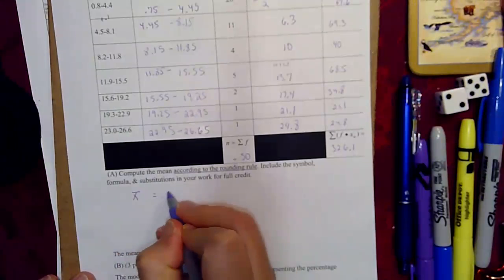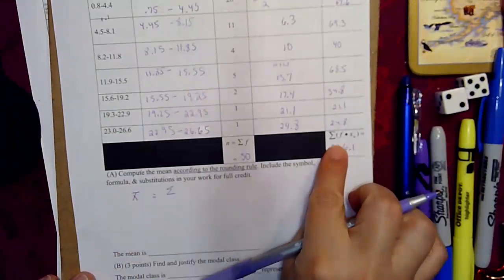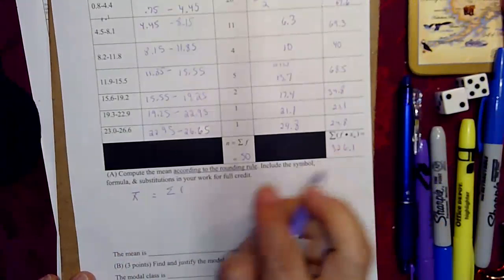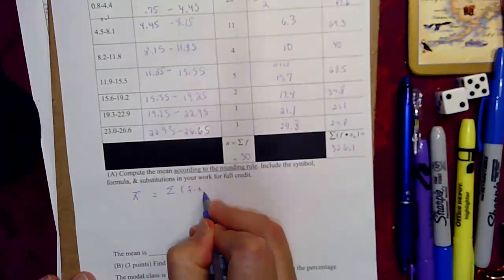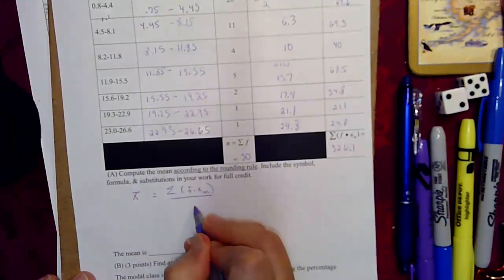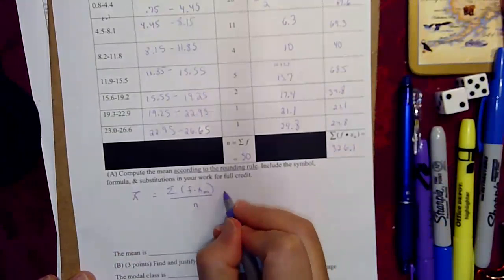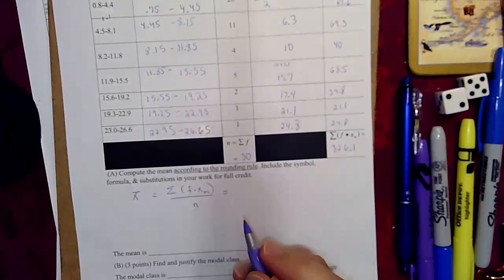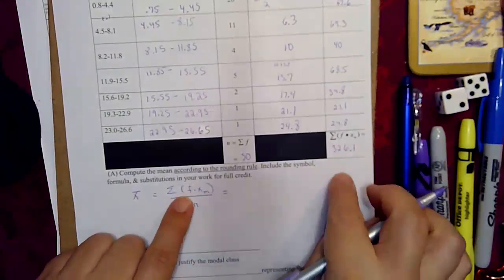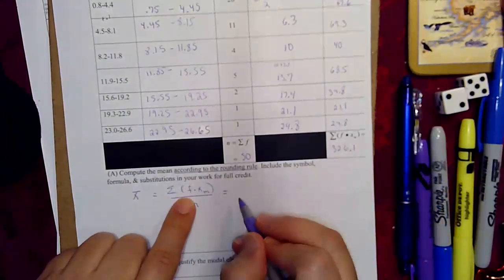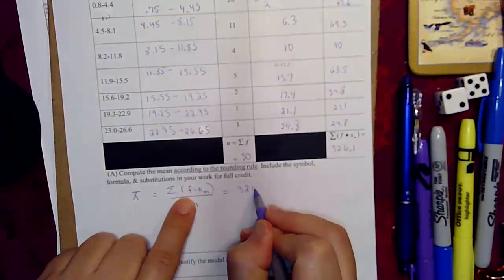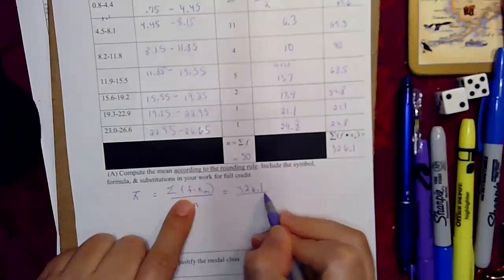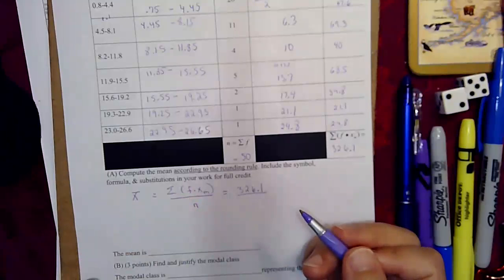And then the formula, remember the formula is the summation of f times xm divided by little n, not capital N, little n, and then substitute 326.1, divided by n, which is 50.